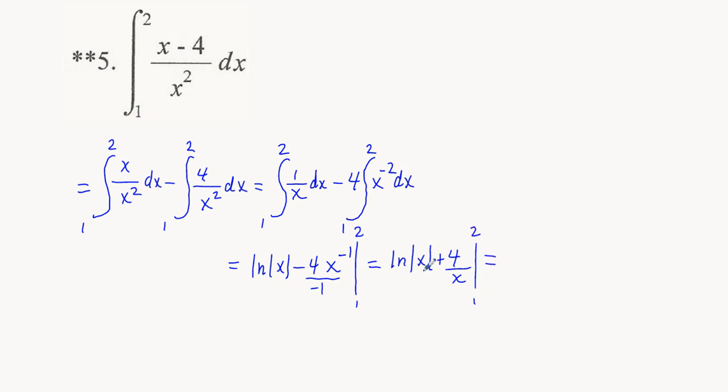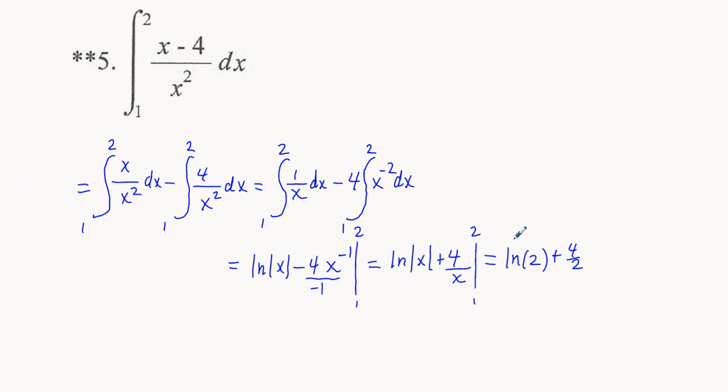And working to the right, we can plug in 2. So we're going to have the natural logarithm of 2, the absolute value of 2, which is 2, plus 4 over 2.